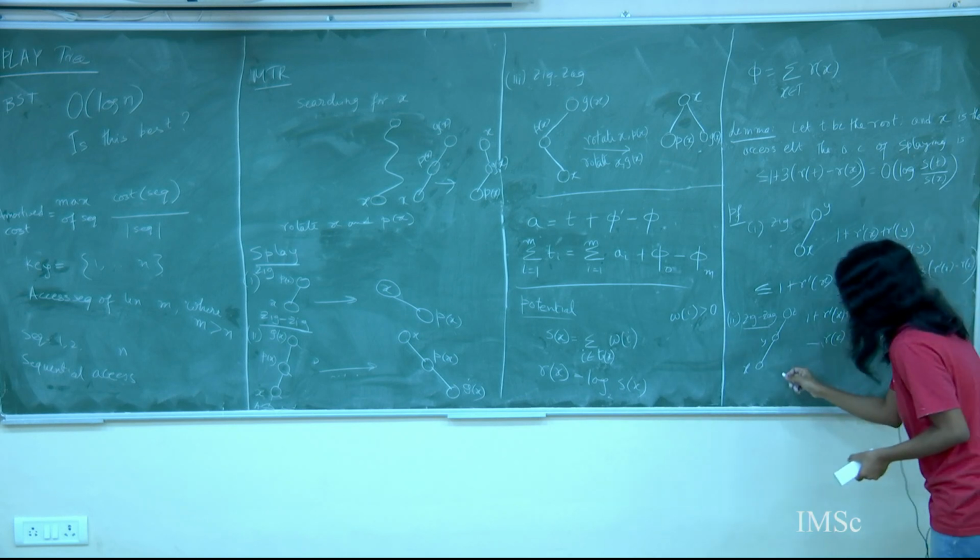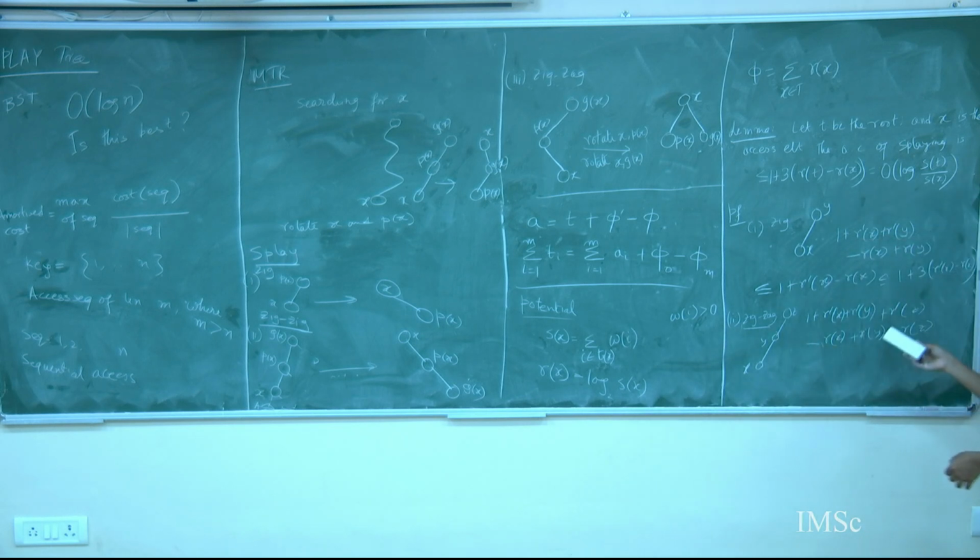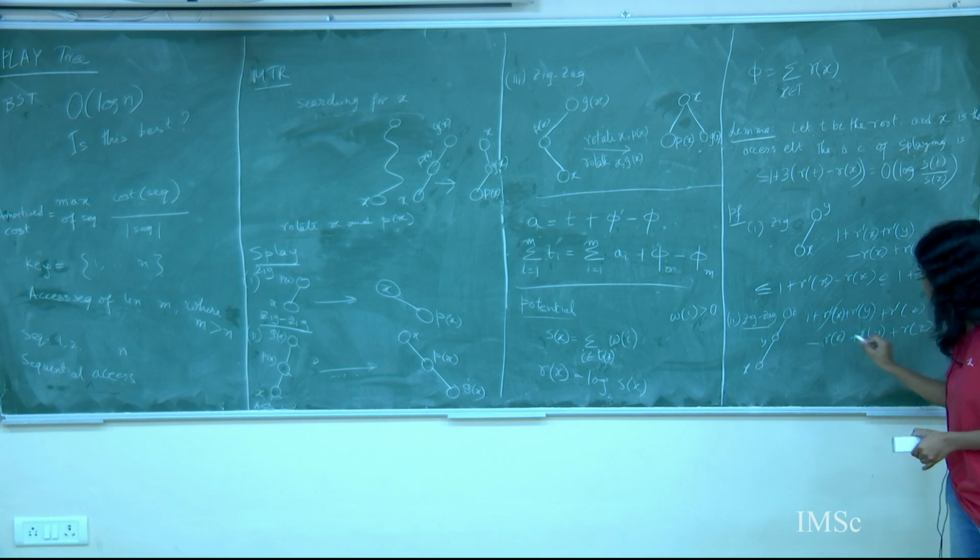So can you tell me why this will be this? I'm trying to prove that in each of the cases the cost is upper bounded by this quantity, right? Here it should be r prime of x minus r of x. R of z and r prime of x will be the same, so we can cancel out these two terms.